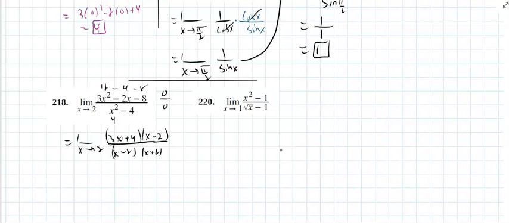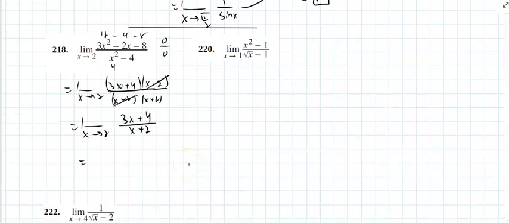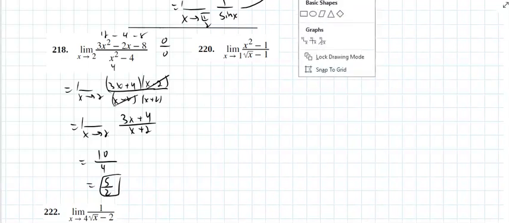That will be 3x squared minus 6 plus 4. Yep, and those cancel out. And once you cancel a factor, you reset that shortcut. You plug the value in again and you see what you get. And in this case, if I substitute x with a 2, I will get a 6 plus 2, that's a 10. 2 plus 2 is 4, and that's 5 halves.